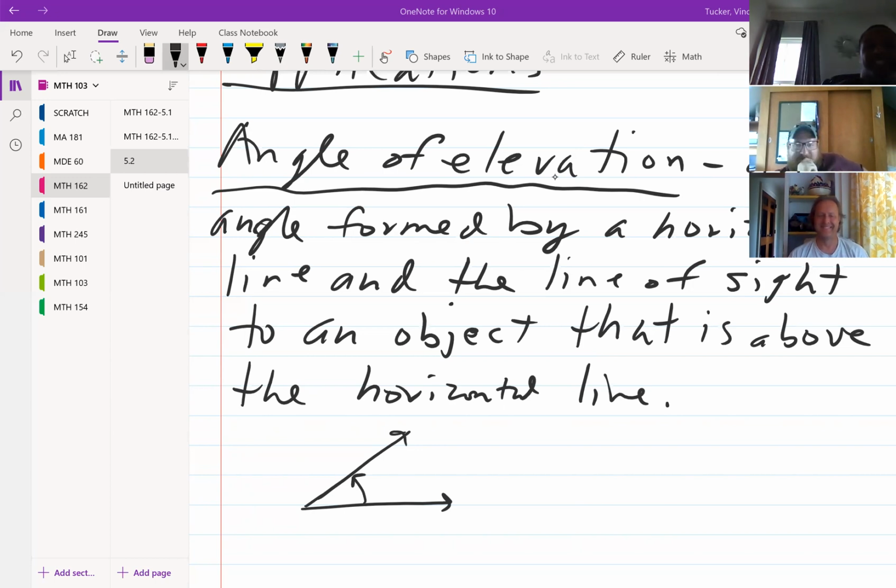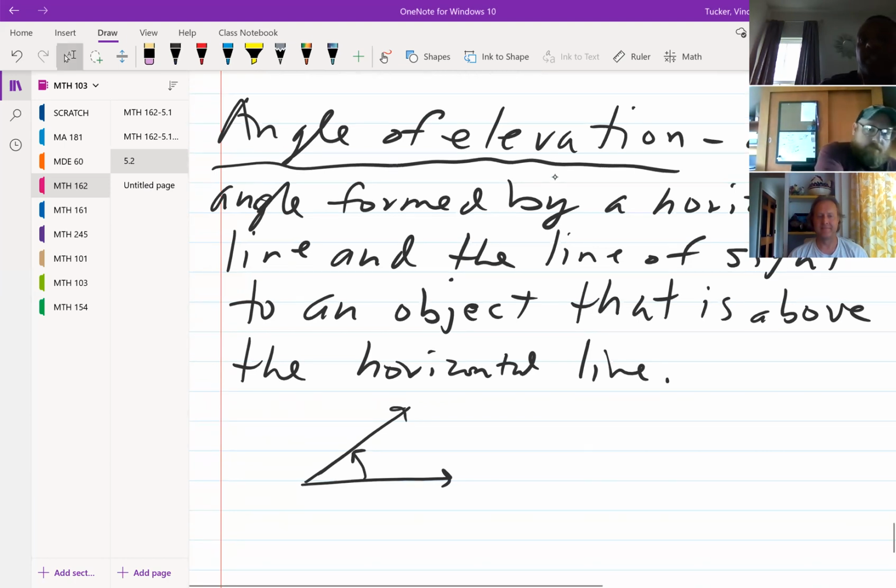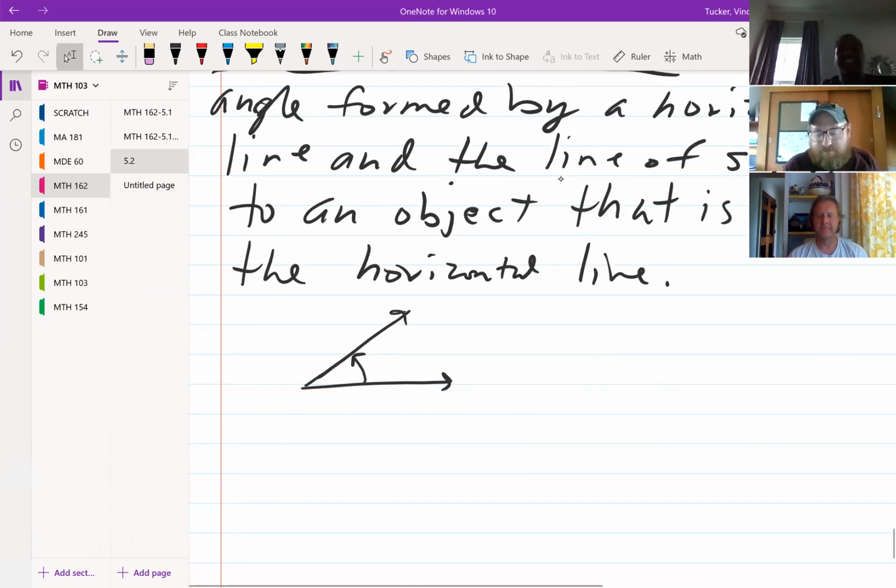So angle of elevation is an angle formed by a horizontal line and the line of sight to an object that is above the horizontal line. Really, every problem is made up of words. I agree. And then angle of depression is pretty much the same thing, except that it's below the line.